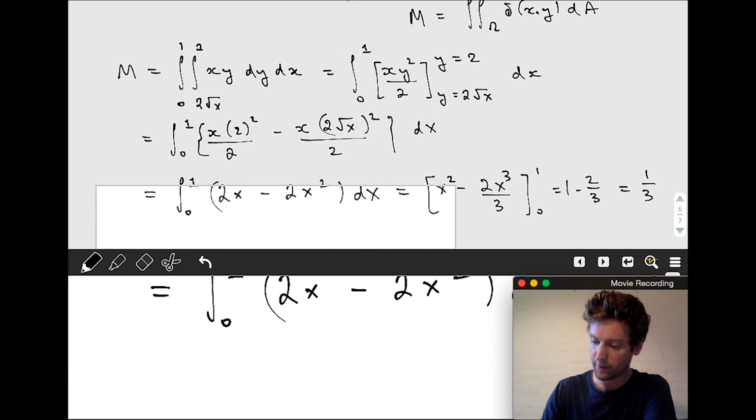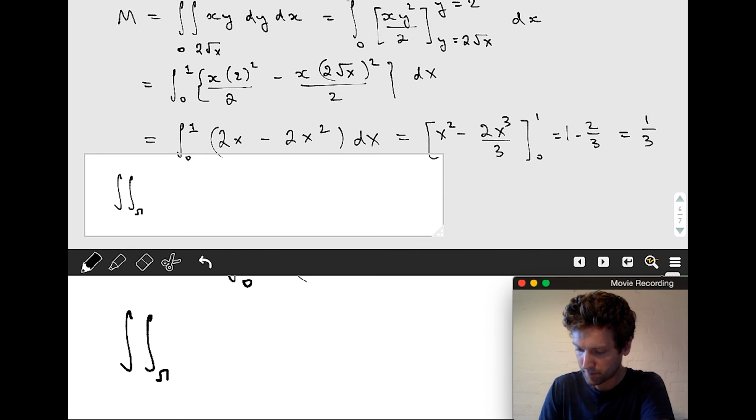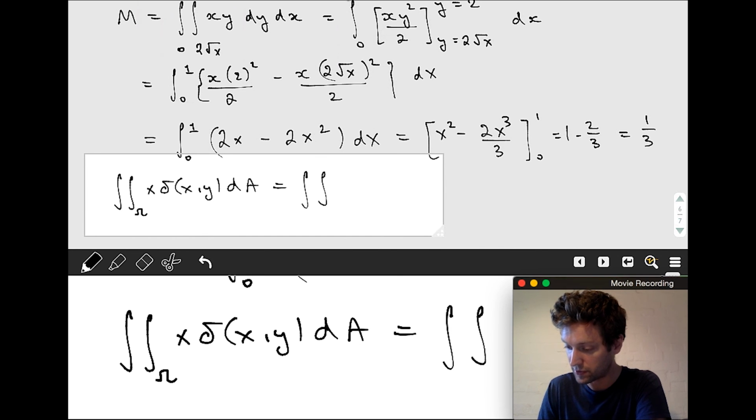The next integral that we need to do is the integral of x times delta xy dA. So again, I'm going to use the same region of integration, so the same limits of integration apply. All that's changed here is my integrand, so it's x times the density.